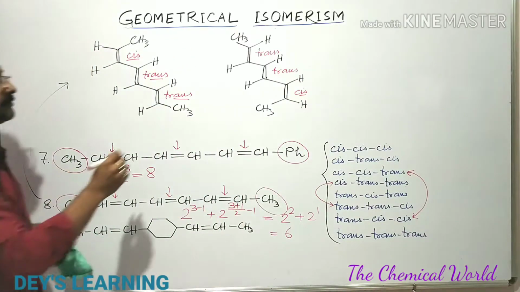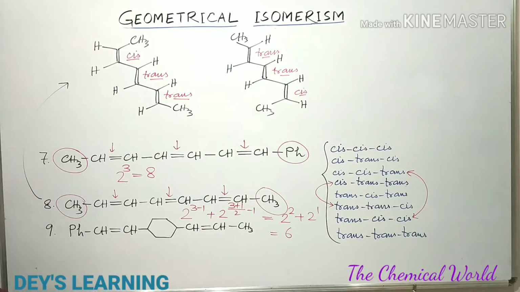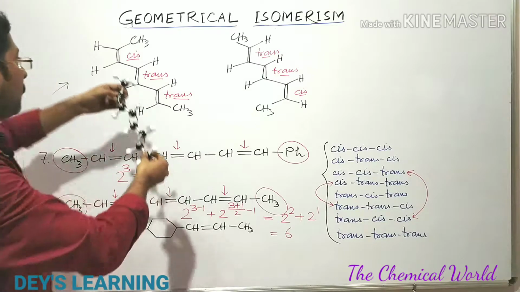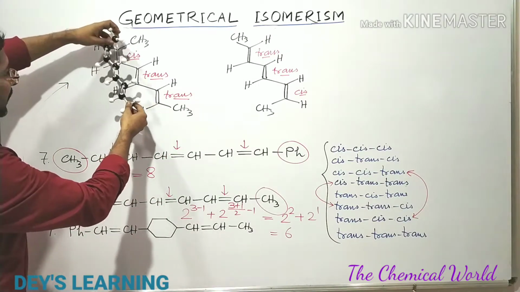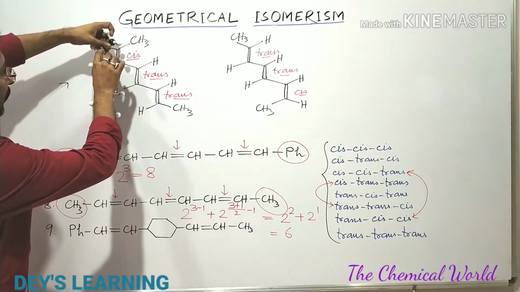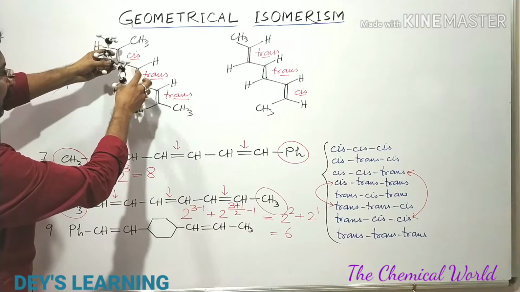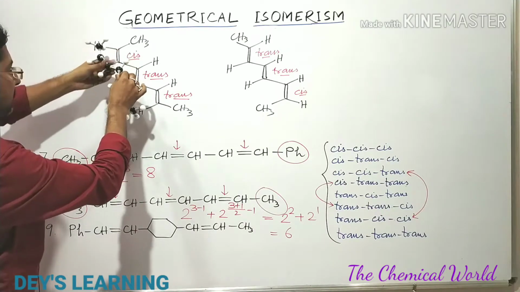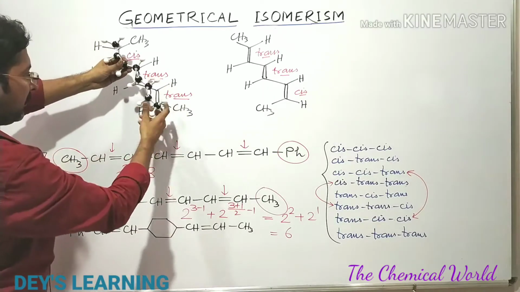Look at here, the model. This is the molecular model of this compound, exactly this one. This double bond is cis, two hydrogens on the same side. Two hydrogens on the opposite side, so this double bond is trans, this one, and this double bond is also trans, this one.